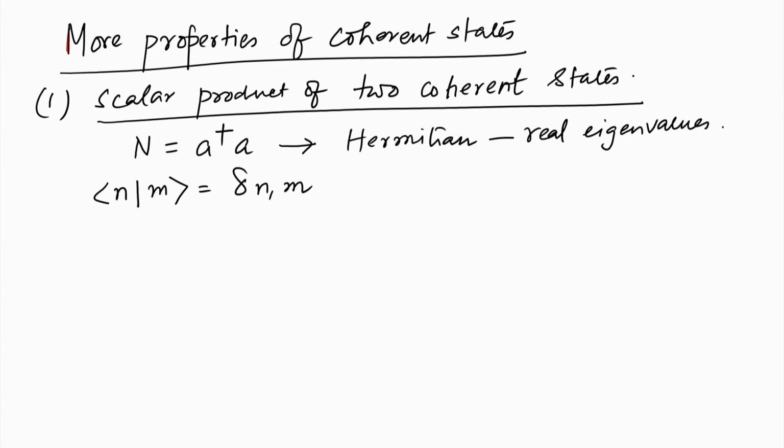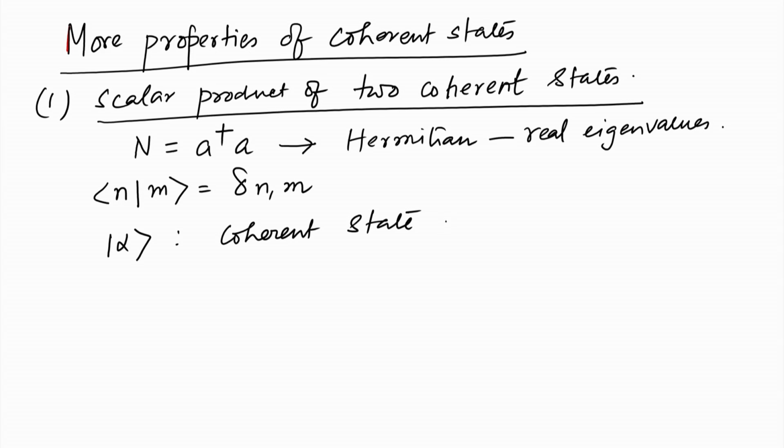However, the state alpha, which is a coherent state, has complex eigenvalues, and it is an eigenfunction of the operator A, which is a lowering operator, which is not a Hermitian operator. So, it is an eigenstate of a non-Hermitian operator.